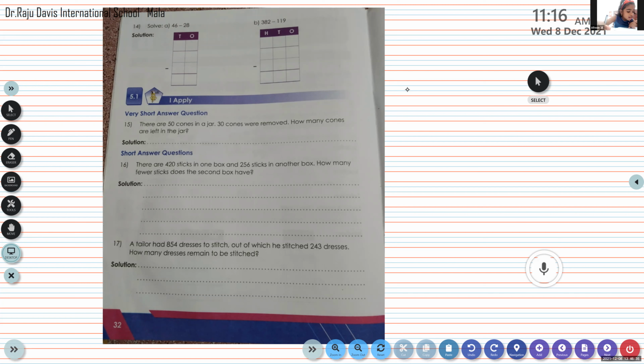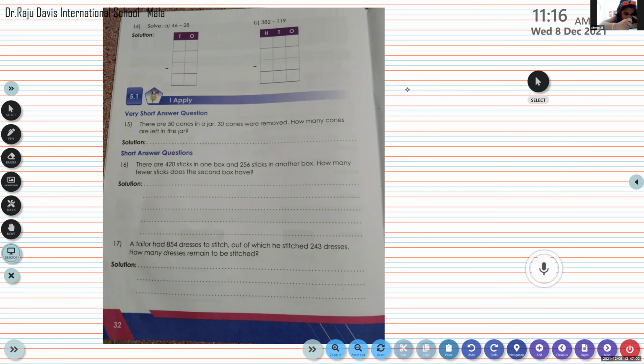There are 426 sticks in one box and 256 sticks in another box.